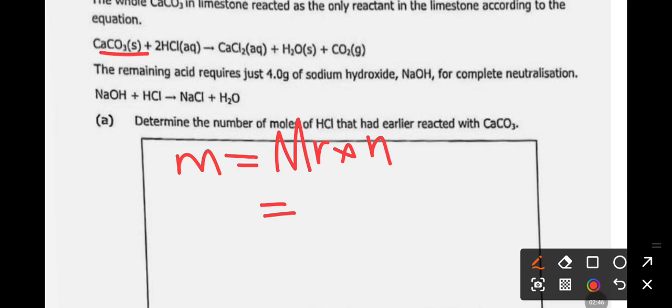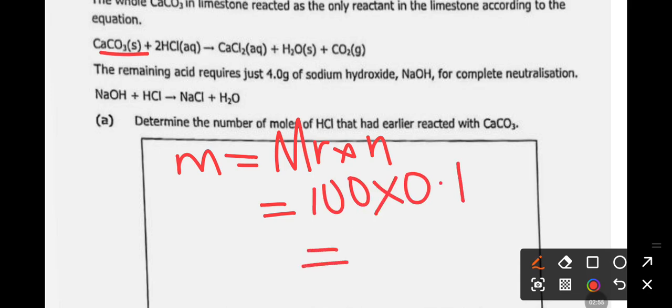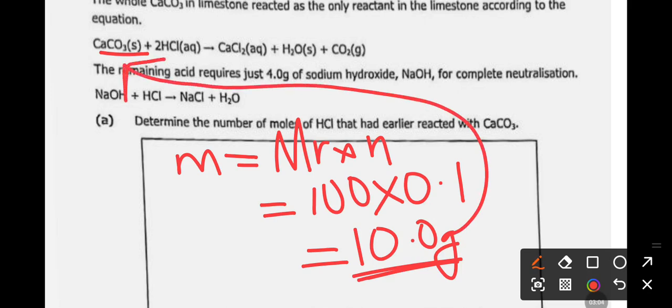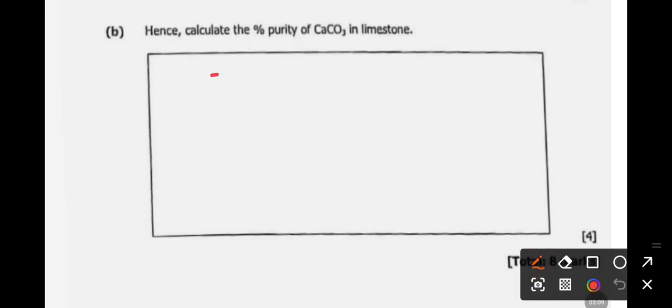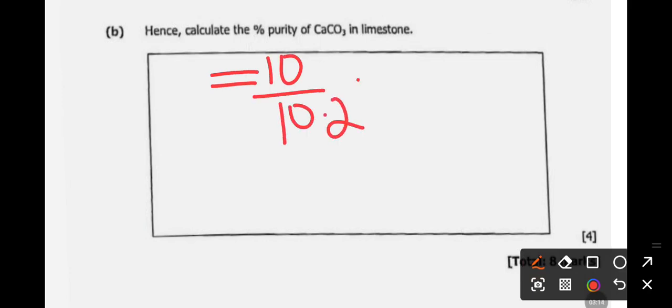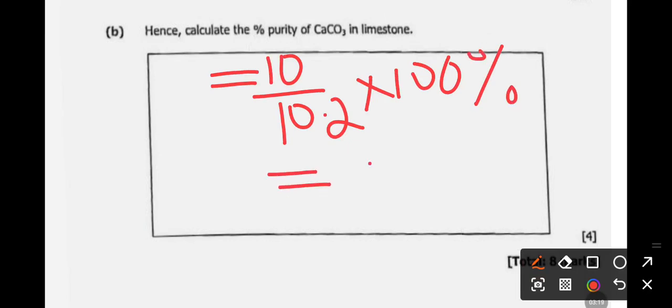The molar mass of calcium carbonate is 100, and the number of moles we calculated as 0.1, giving me a value of 10.0 grams. So this is the mass of the pure calcium carbonate. So percentage purity will now be equal to 10 over 10.2 multiplied by 100%. This will give me a value of 98%.